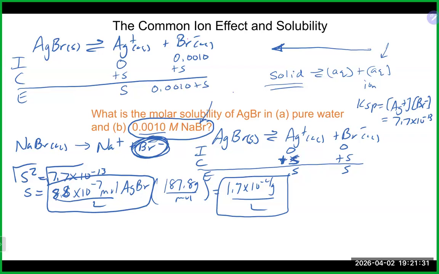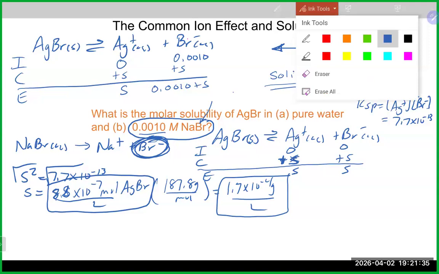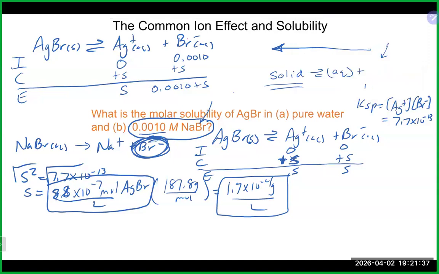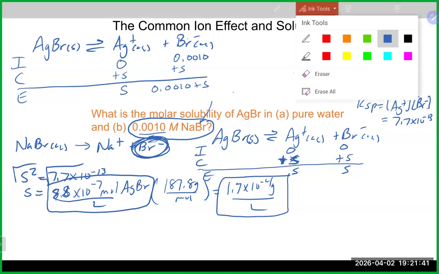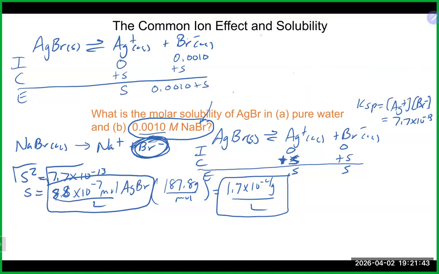Any questions on that so far? Just like normal, we're going to put this into our expression. And if we do that for our common ion situation, we will end up with S times 0.001 plus S is equal to our 7.7 times 10 to the minus 13, which is the KSP for it.